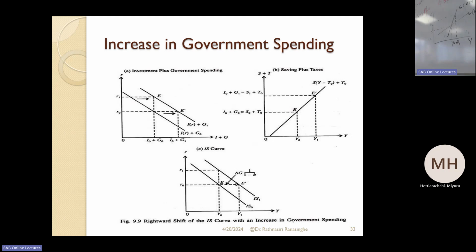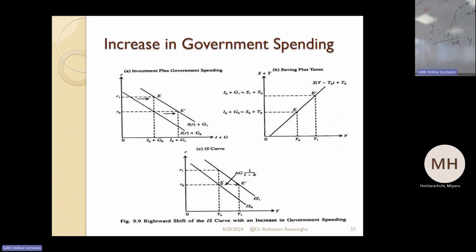This initial situation gives the IS curve IS0. If there is a rise in government expenditure, injections increase. That shifts the injection curve to the right, given by I(r) plus G1, because government expenditure increases from G0 to G1. There is no change in the withdrawal curve; only the injections change.